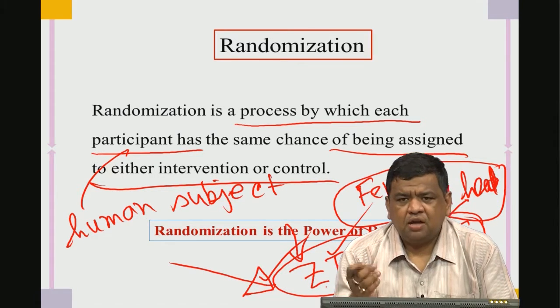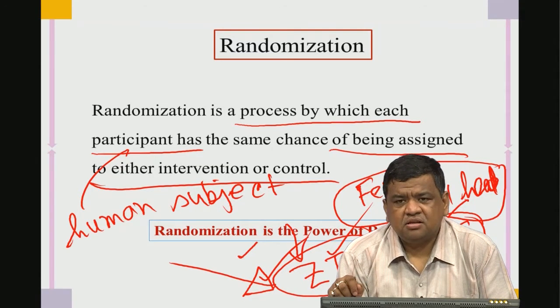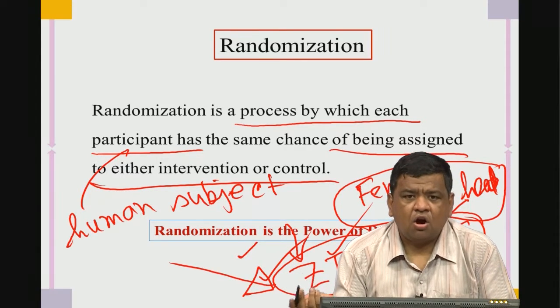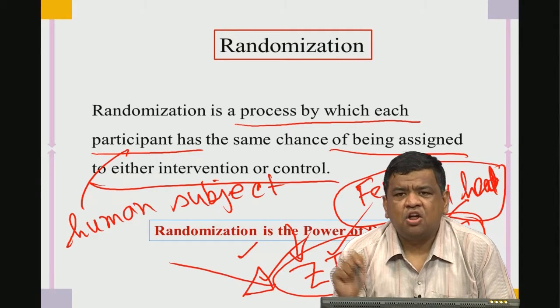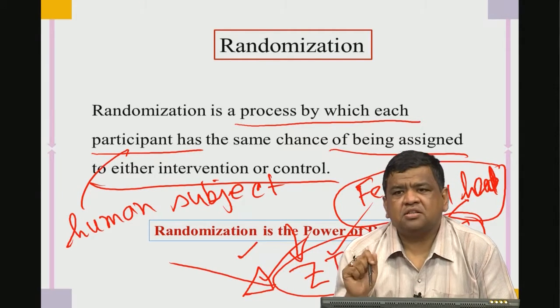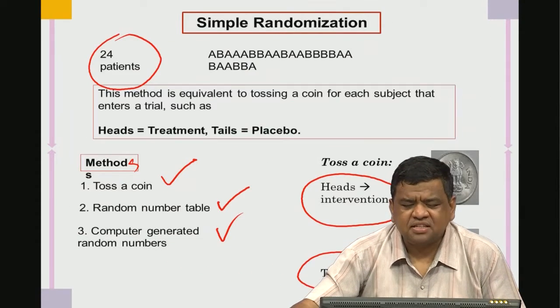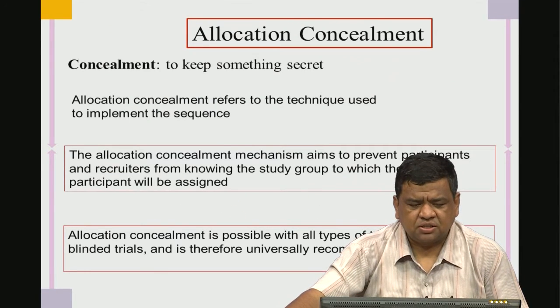So, if head is ZTA, tail can be stainless steel. The patient does not have any chance of choosing whether they will get the zirconia toughened alumina femoral head or the stainless steel, metallic femoral head. Therefore, those biases can be removed by this randomization process.